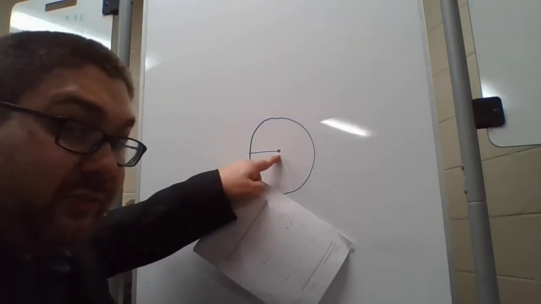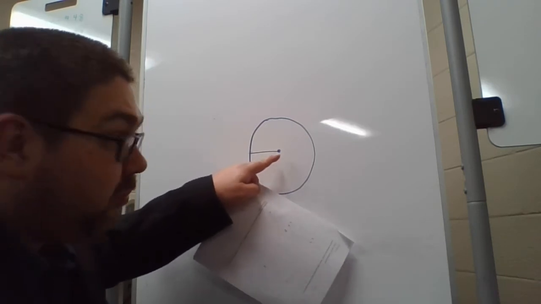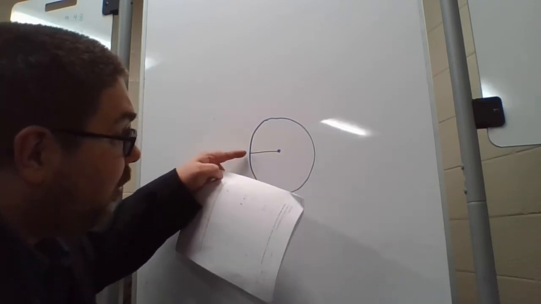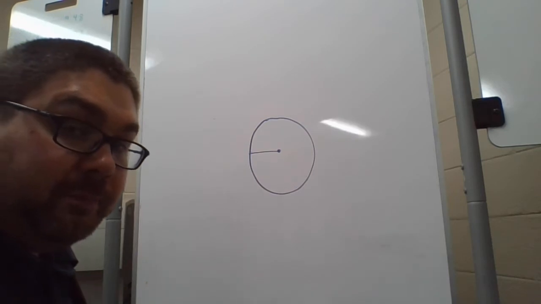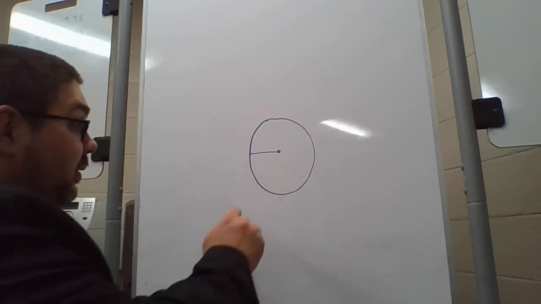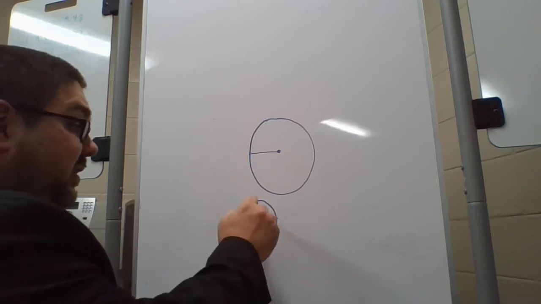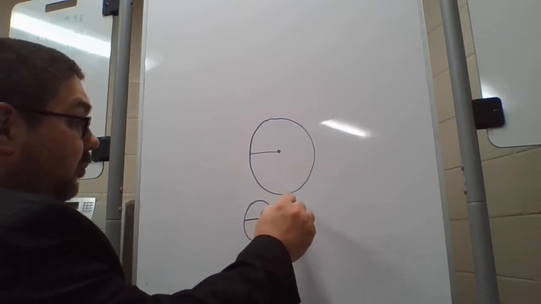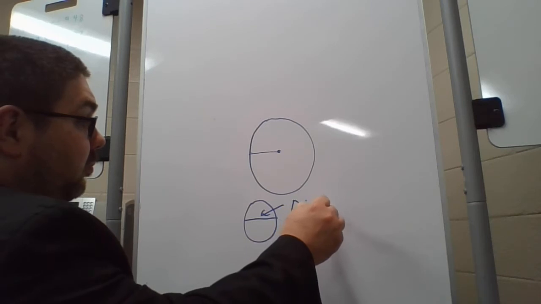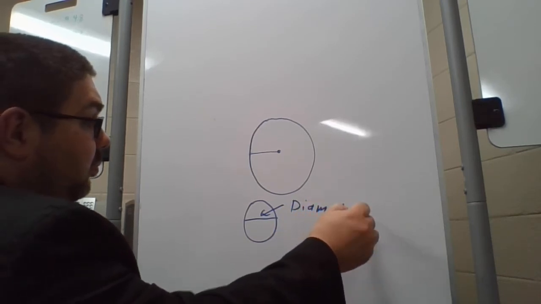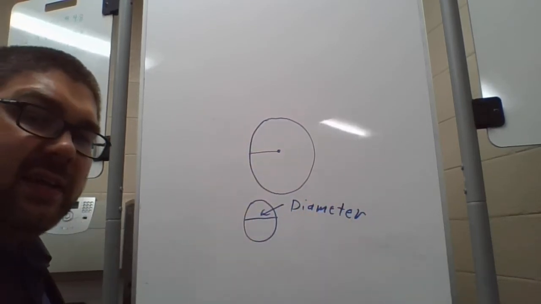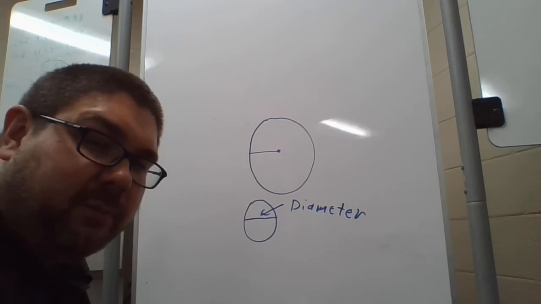So this is the middle point of the circle. A diameter goes from one side to the other. Okay? So this line could be a diameter. But what about this line? This line is half of a diameter.